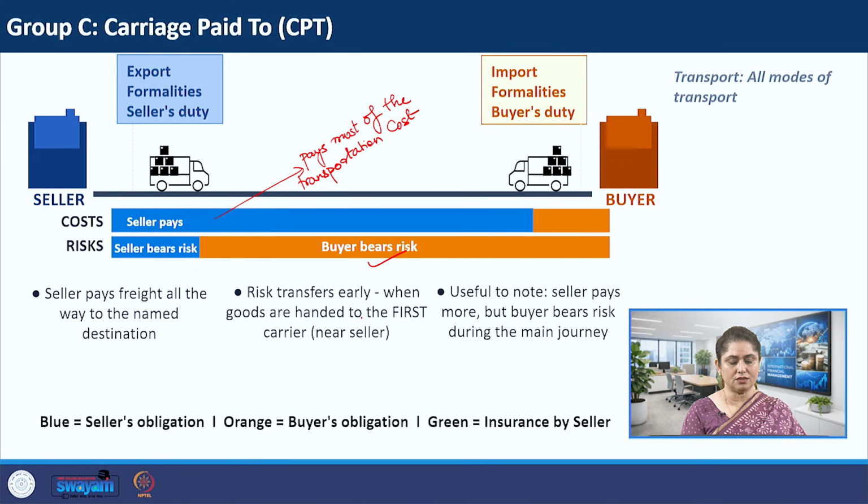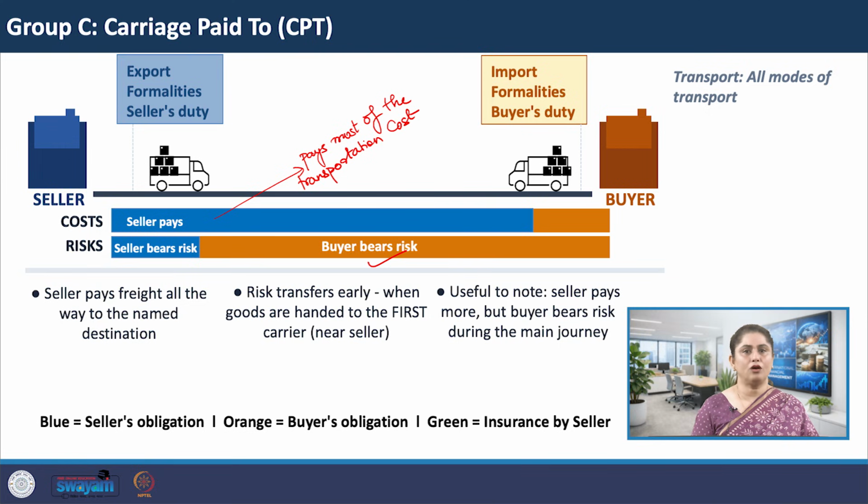That is, the risk is with the buyer and the risk is transferred early from seller to buyer. So we can see the cost bar is almost entirely blue. The seller is paying all the transportation or freight charges all the way to the named destination, but the risk bar splits much earlier, near the beginning of the journey. So the key insight is the seller pays freight beyond the risk transfer point. The seller pays for the journey during which the buyer is already bearing the risk.